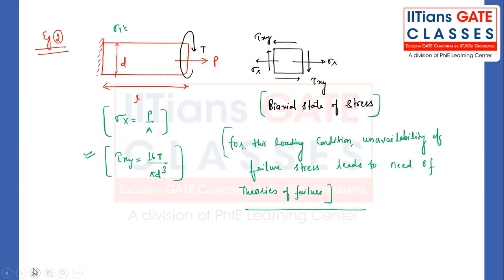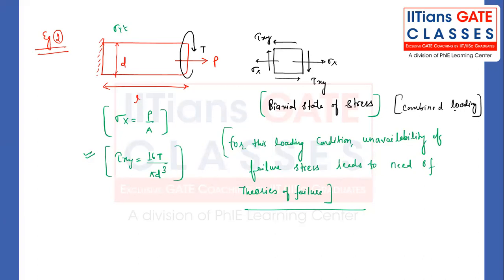Right now, I'm not disclosing so much about this statement. Once I discuss each and every theory of failure, you will connect the dots between this slide and the future slides. That is the motivation for us to continue this lecture. For this combined loading case, we don't have the failure stress.